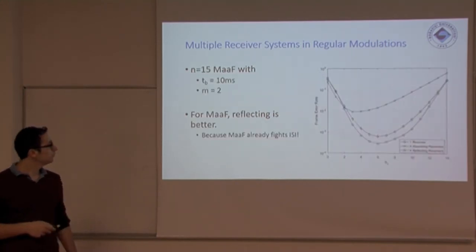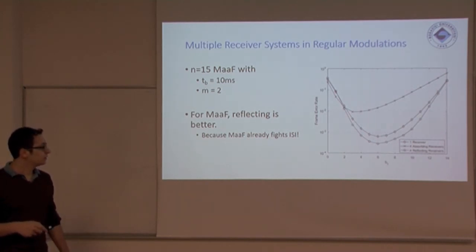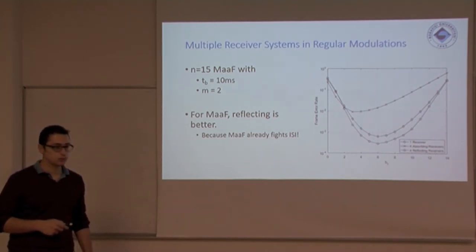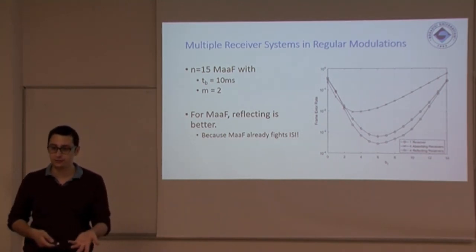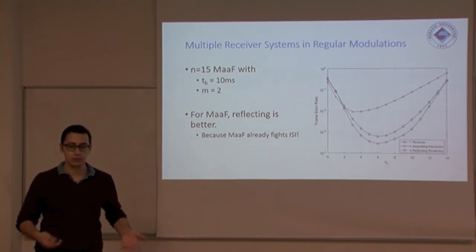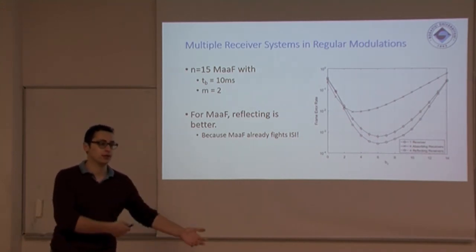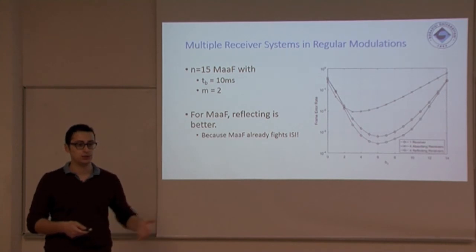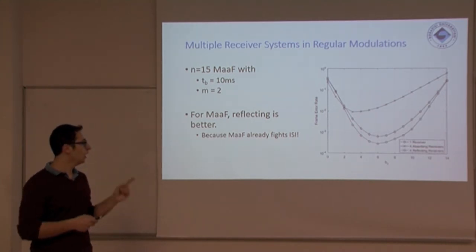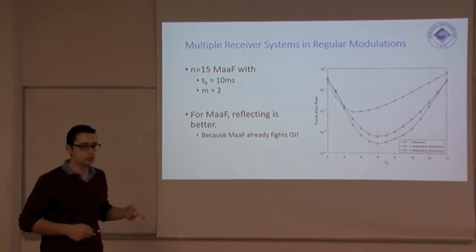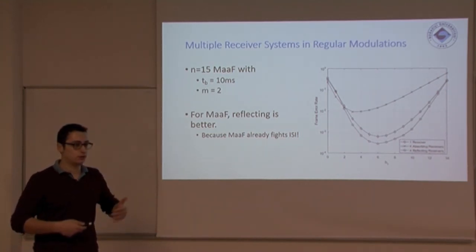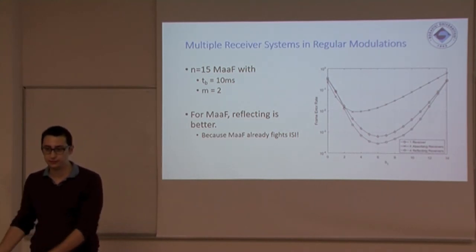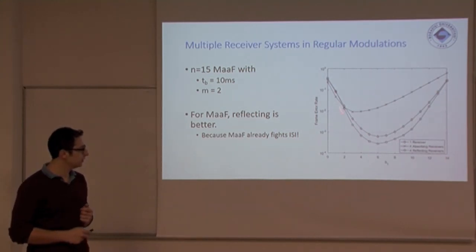But for a molecule as a frame system, absorbing receivers are not that good because we're already combating ISI pretty effectively with our frame identifier bits. So we don't need the further ISI combating of absorbing interferer receivers. What we can do is use the extra molecules that reflecting receivers give us and combat the ISI with our frame identifier bits and get slightly better error rates than the single receiver case.